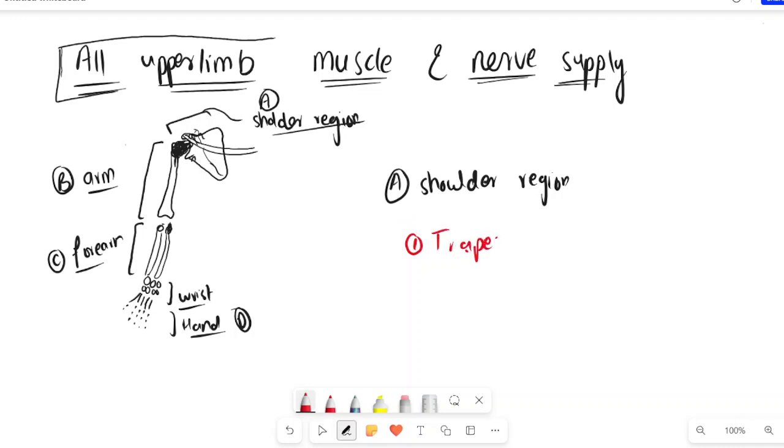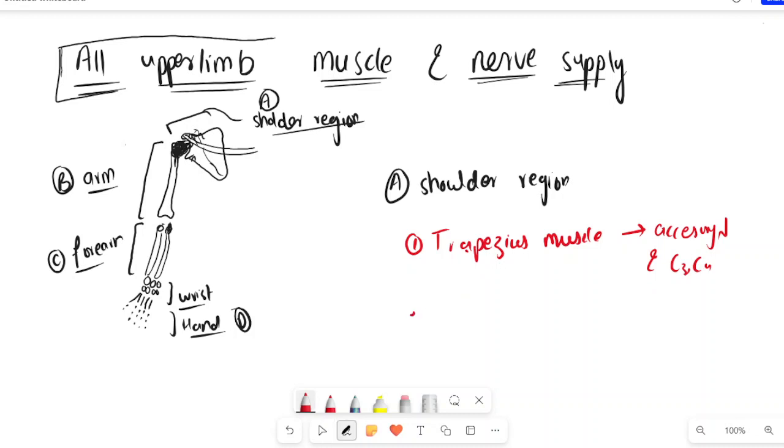Trapezius muscle is supplied by which nerve? Trapezius muscle is actually supplied by the accessory nerve, and C3 and C4.